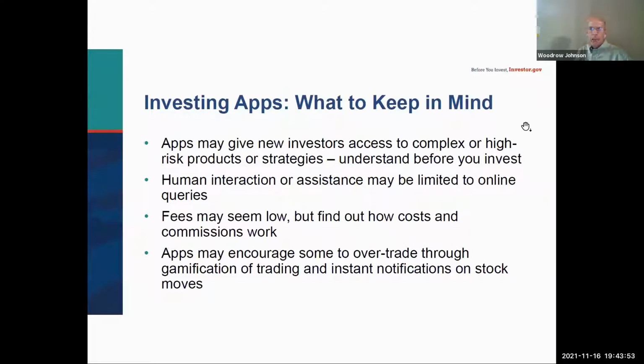Keep in mind a couple of things. Number one, these apps may introduce you to certain investment products that may not be appropriate for you, especially if you're a new investor. It's not obvious to me that you want to be involved in super complex, super technical, super high risk strategies or products, but that app makes it easy for you to find those things and may tempt you to invest in those products.